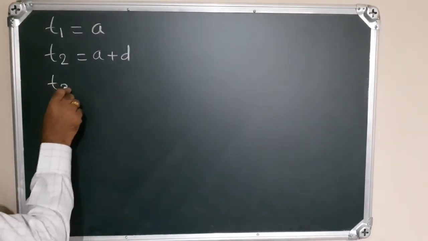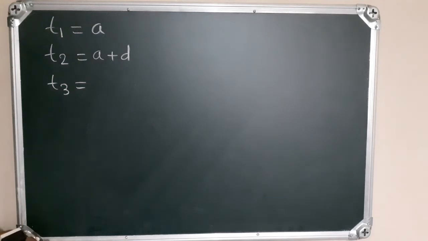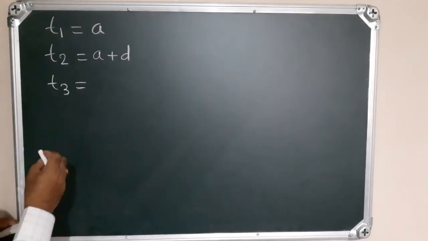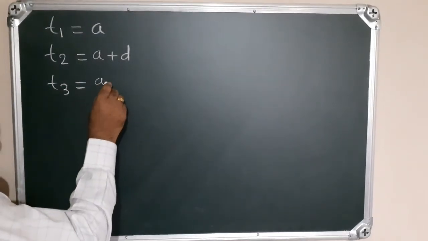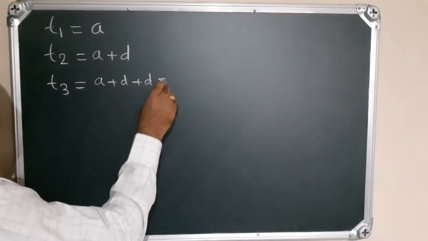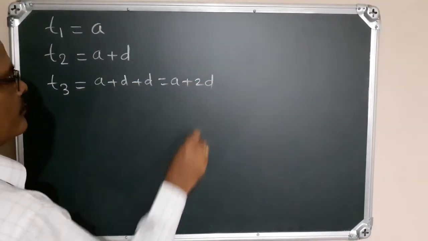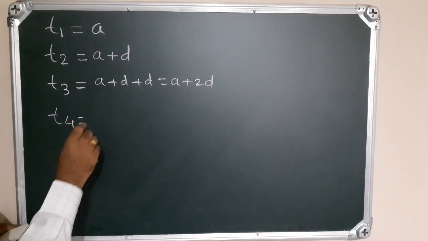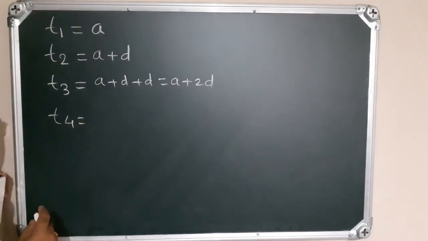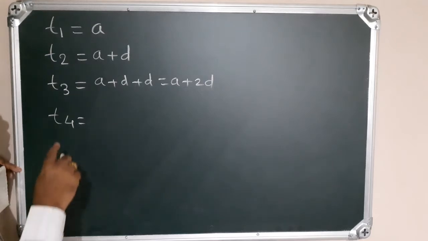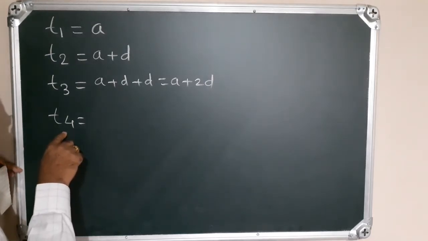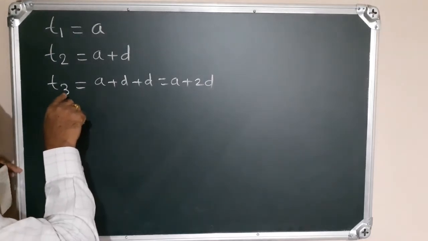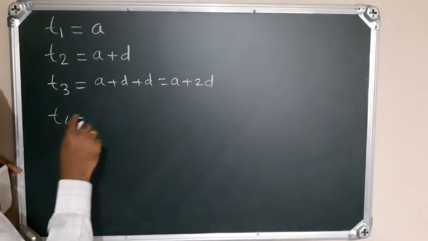What is the third term? If we add d to the second term, we get the third term. So a plus d plus d is a plus 2d. T4 means fourth term of an AP. If we add d to the third term, we get the fourth term.